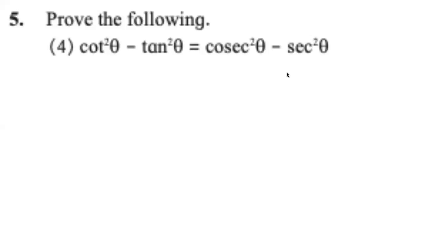Refer to the textbook. It's fine if you don't remember the identity, but tell me what identities will be used. You think we should use cot square, tan square, cosec square, sec square. We only know of 3 identities.